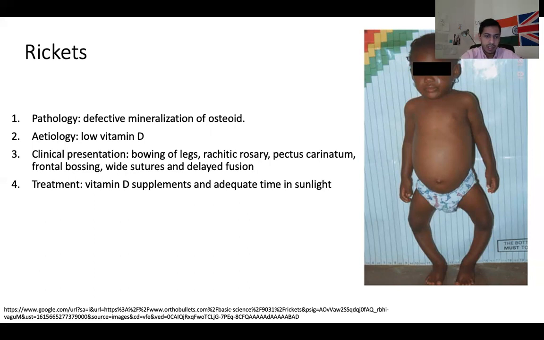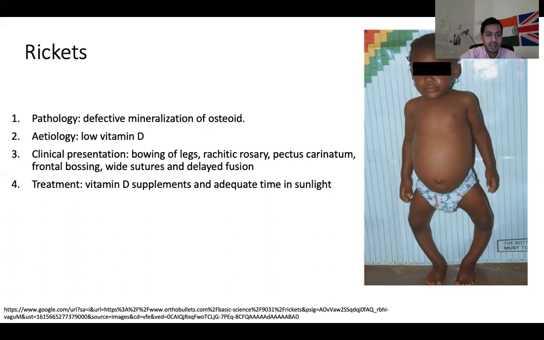We know that the etiology of Rickets is low vitamin D, and this low vitamin D tends to cause low calcium and phosphate, which are important constituents for bone, as I've just mentioned.